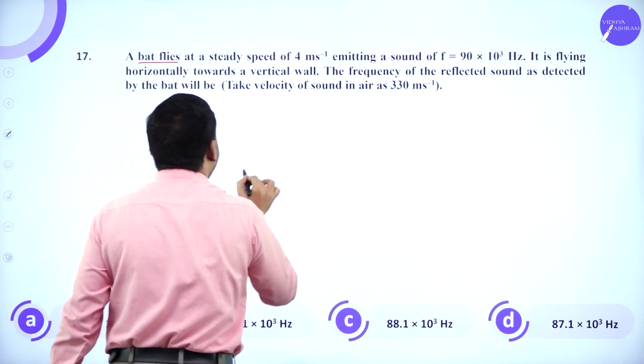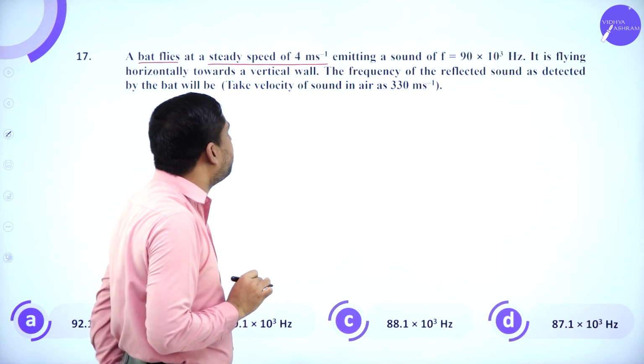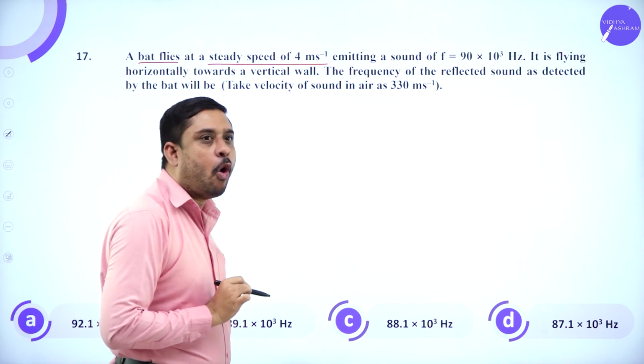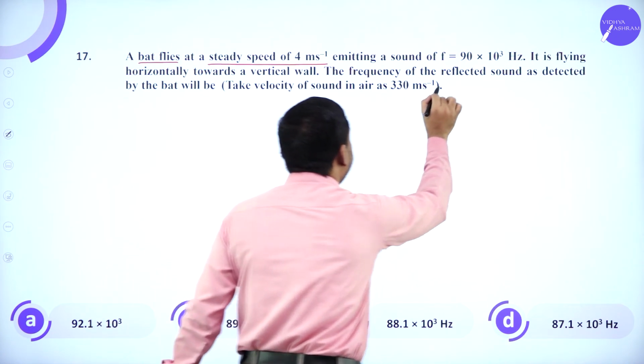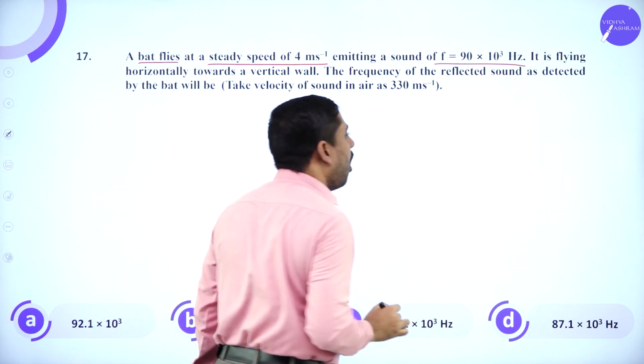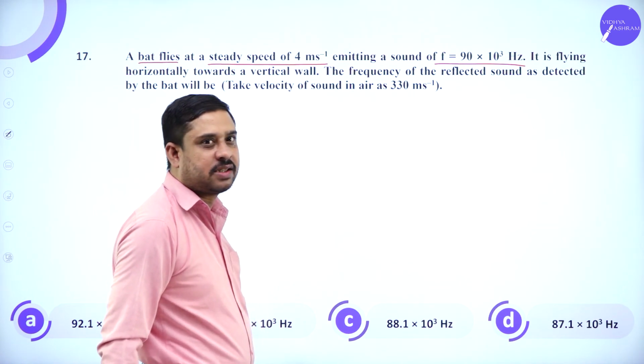A bat flies steady at a speed of 4 meters per second, emitting a sound of 9 into 10 power 3 hertz.